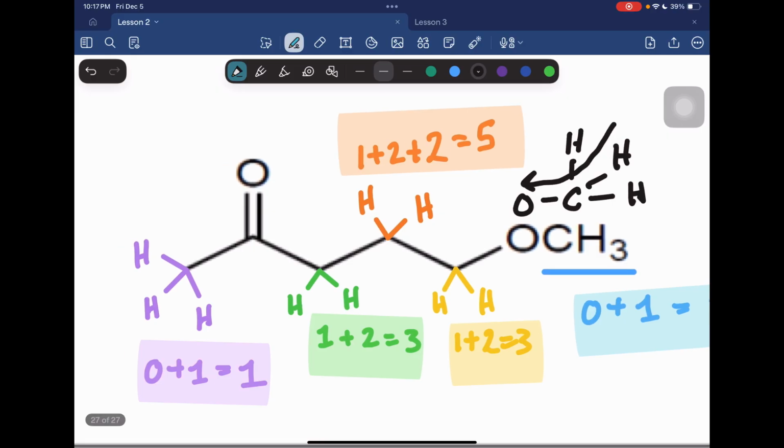However, on this side, it's C, H, H, H, double bonded to an oxygen. And that double bond is shorter, right? So here it takes, because let's say all the single bonds are 1 mile, it takes 2 miles to get over there. We're not going to add a mile for each of the hydrogens.